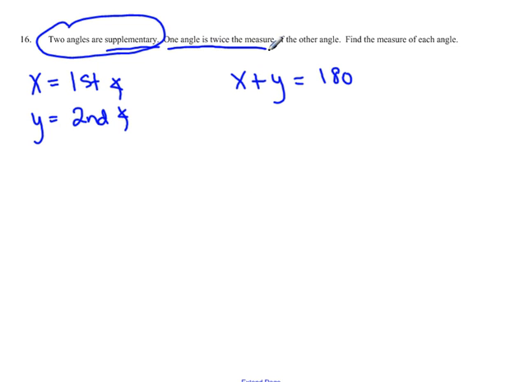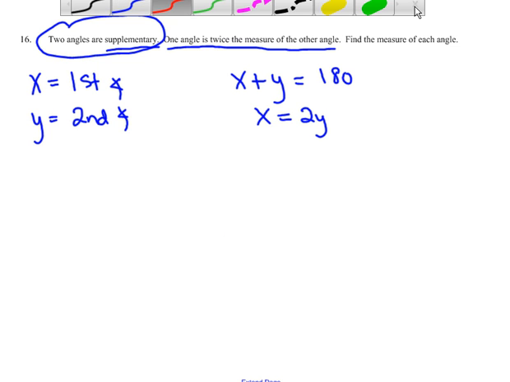The second equation comes from the direct translation of the next sentence. One angle is. It doesn't matter which one you pick. You can pick X or Y. I will pick X equals twice the measure of the other. Well, twice means 2 times, so 2 times Y. Once again, this problem is set up for substitution, so I will replace the X with 2Y.